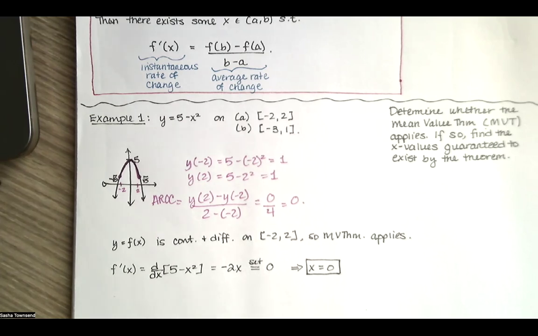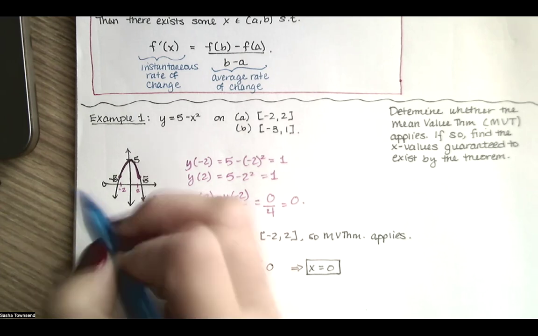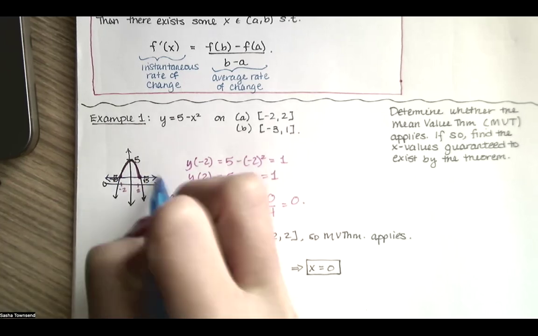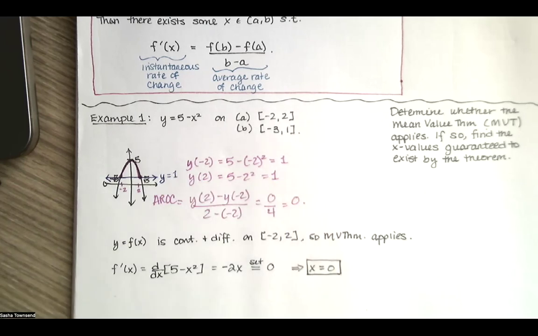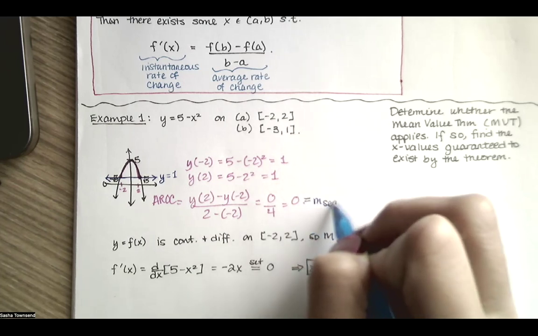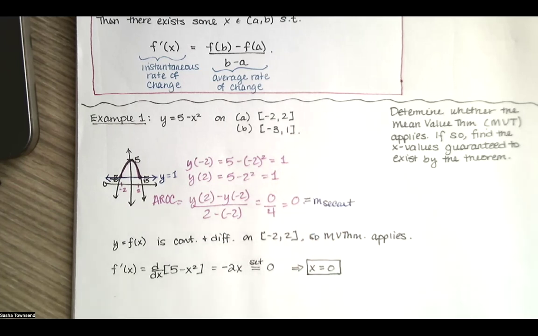Now, geometrically, in this case, what we're talking about is we're finding a location, an x value, where the secant line is parallel to the tangent line. The secant line just passes through those 2 points. And in this case, it has the equation y equals 1 because it's horizontal. The slope of the secant line is equal to the average rate of change, and it's 0.